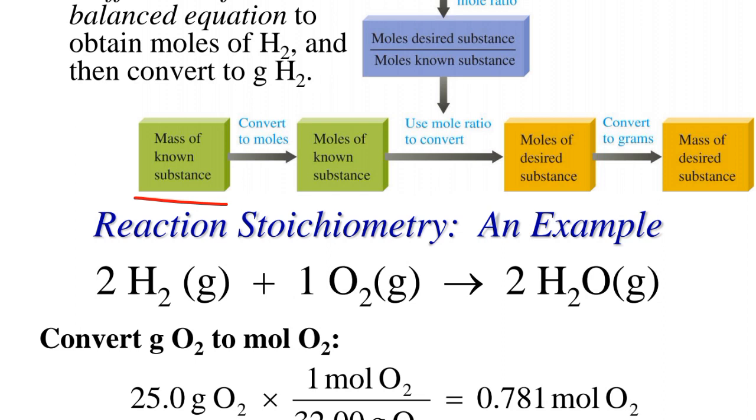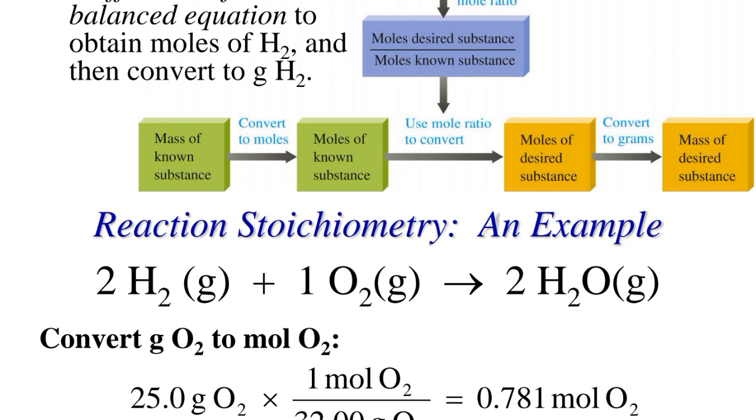So it means that you must find the moles of oxygen by using the formula: number of moles equals mass over molar mass. So from that I will get the number of moles, and after that you're going to use the mole ratio to convert into moles of the other, desired species.